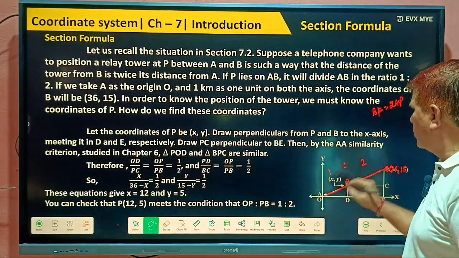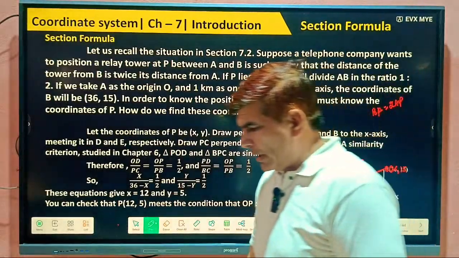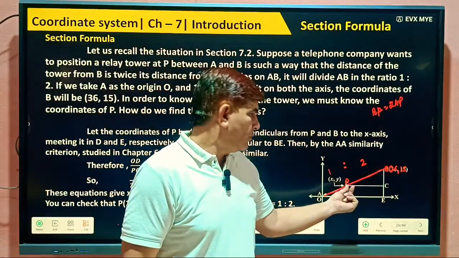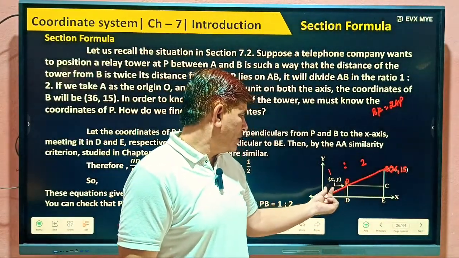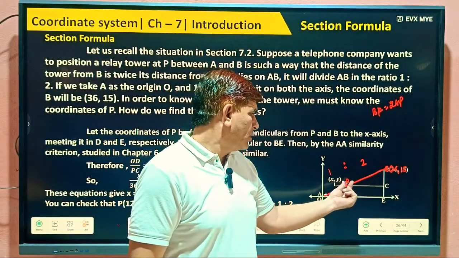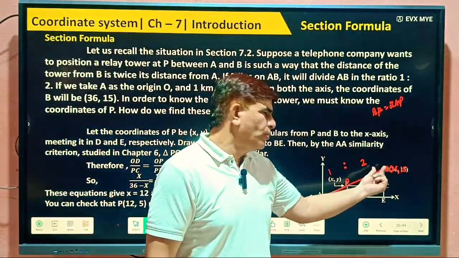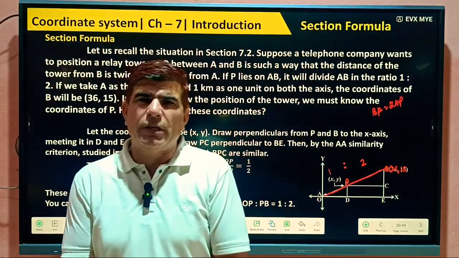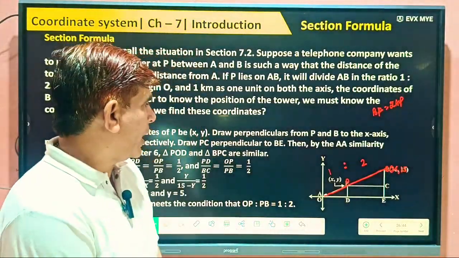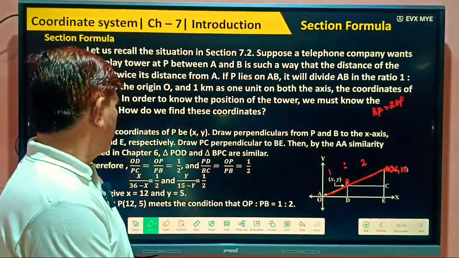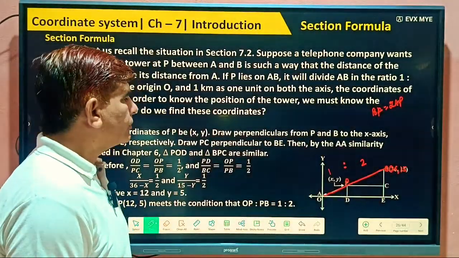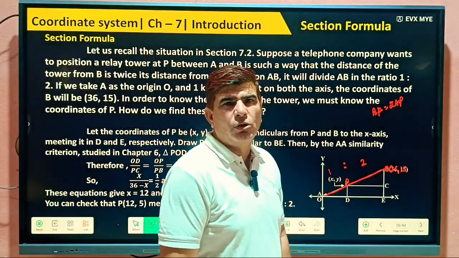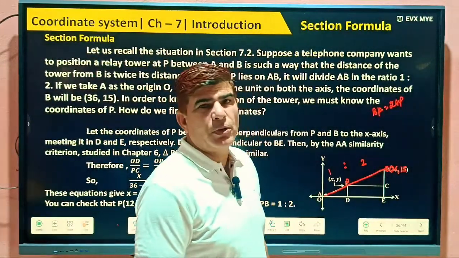So this is the ratio of the distances. The company wants to place the relay tower at the point P whose distance from A is 1 unit and from P to B is 2 units, in other words in the ratio 1 to 2. We have to find the coordinates of this point P.